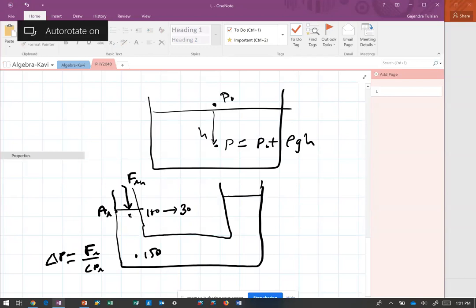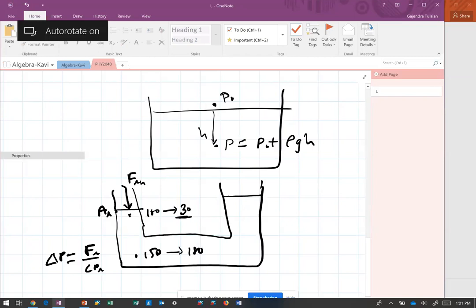So now the pressure here has gone up by 30 units from 100 to 130 pascals. And so what Mr. Pascal realized is that at every point in the liquid, the pressure will increase by the same amount. So the pressure here will go to 180 units and so on. Okay. So that's Pascal's principle.